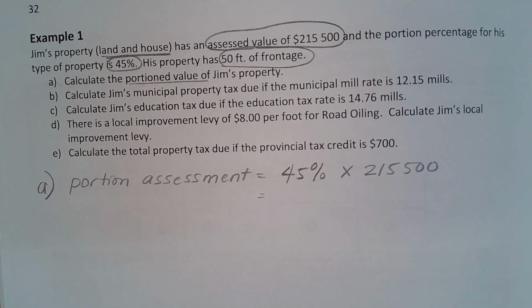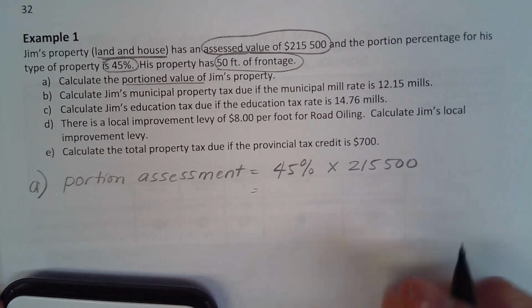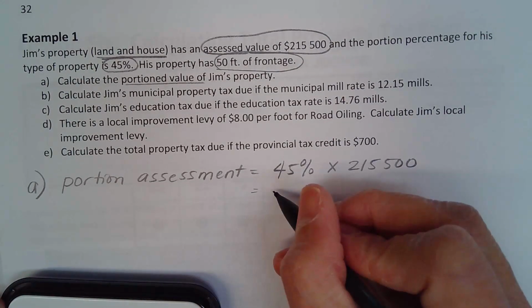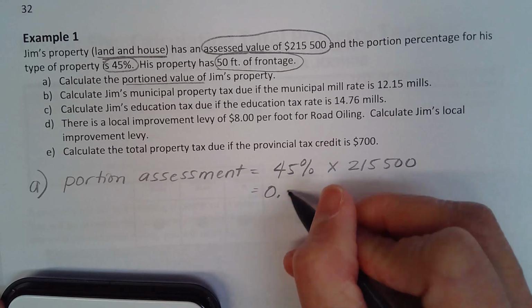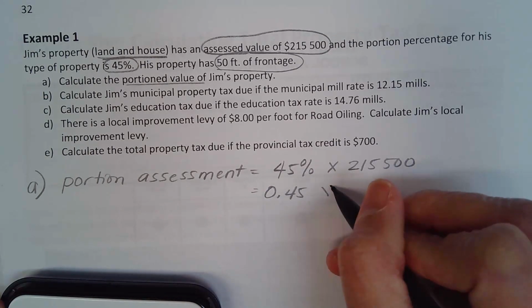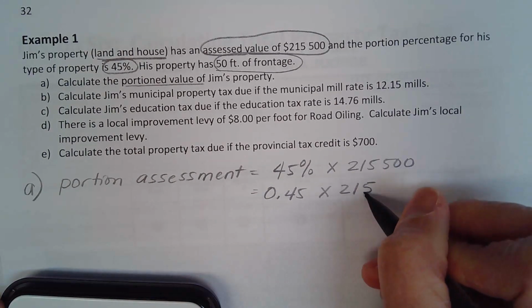We've already added them up, so we don't have to do it. So how do we calculate this? 0.45 times 215,500.